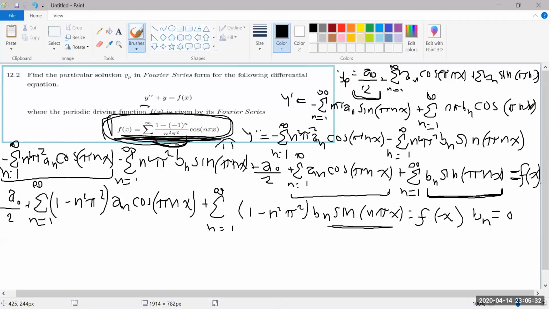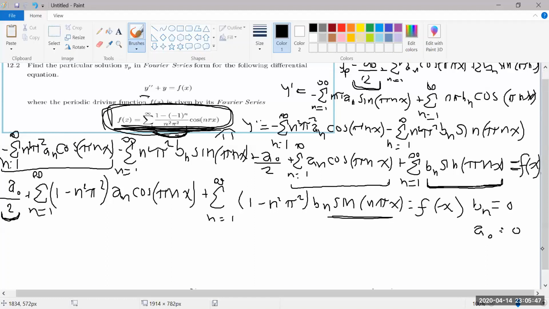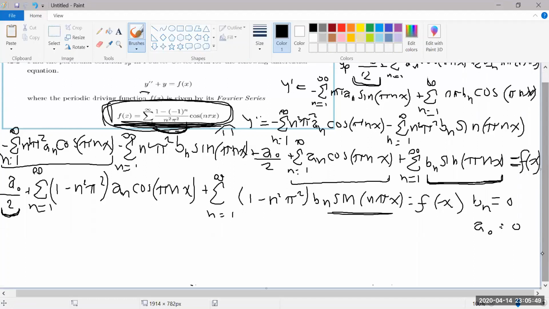Okay, and what about lone standing constants? Do you see anything like that? No. So our a sub naught is also equal to 0.